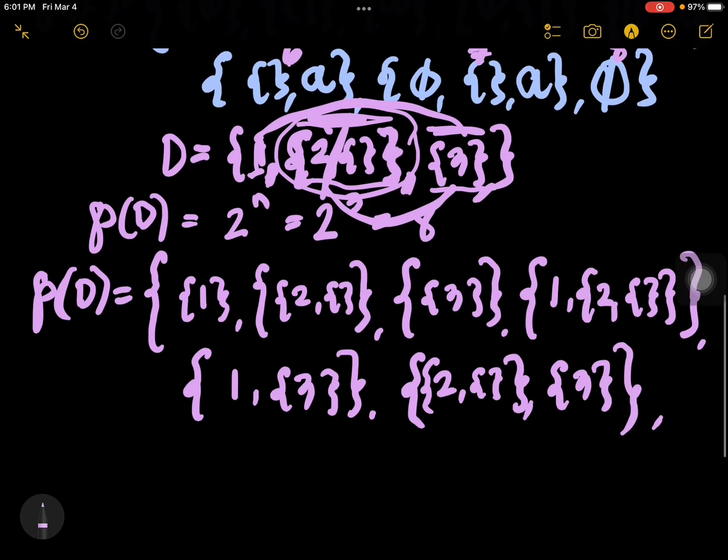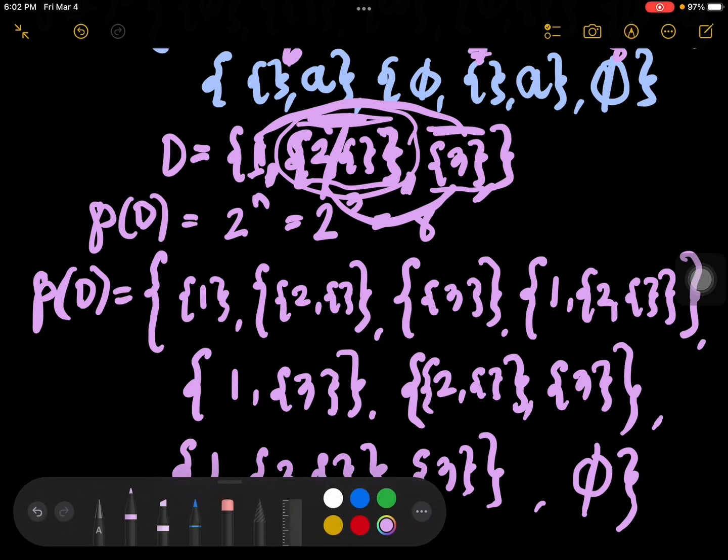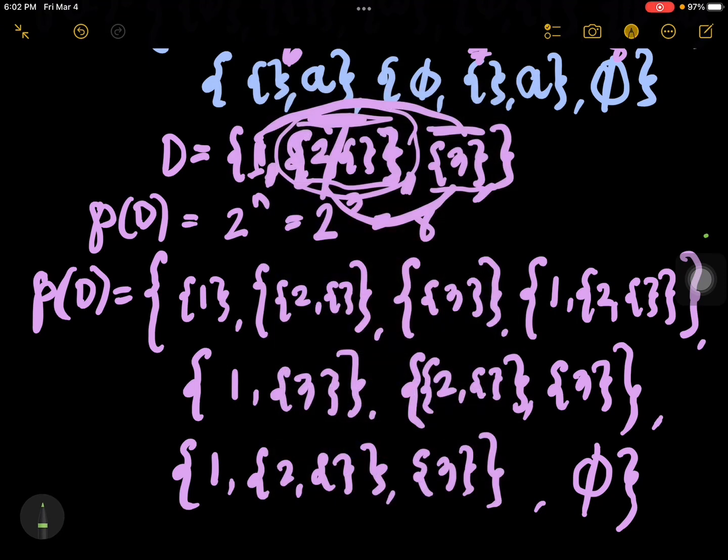And the last one, or the second to the last, is the whole thing. So you have 1, 2, okay, and then the third, okay, and our null set. There are a lot of braces here, but I hope you understand. But I know you are bright students, so you really understand this.